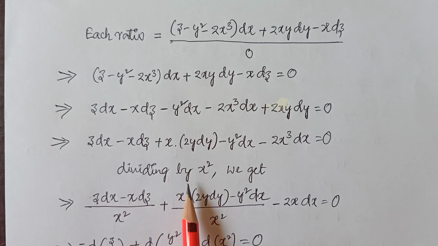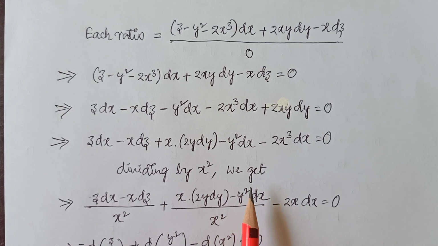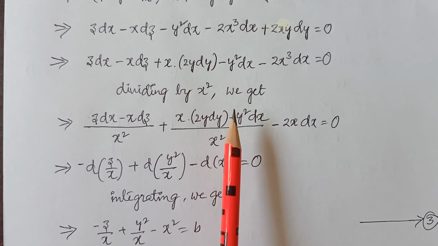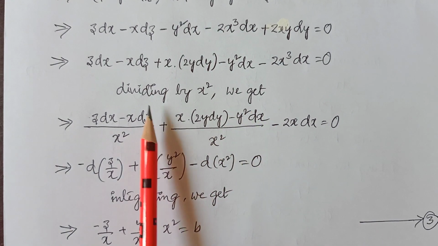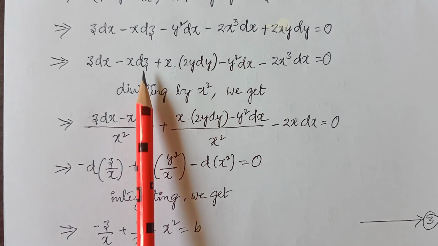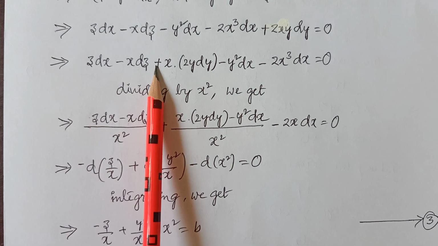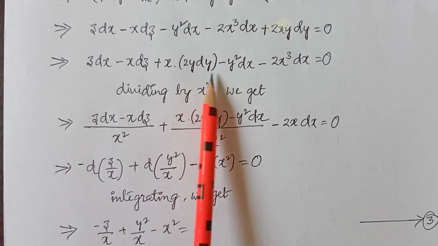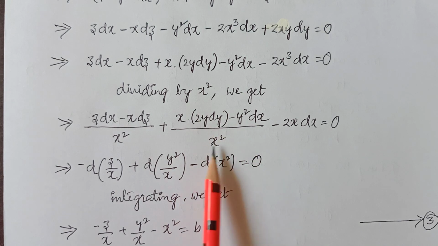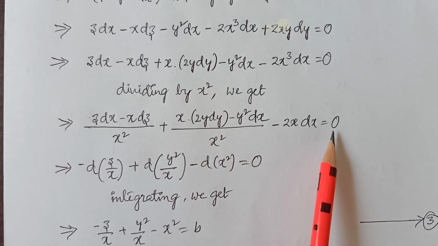Now what I am doing is dividing by x square: (z dx minus x dz) by x square, and x into 2y dy minus y square dx by x square, minus 2x dx.